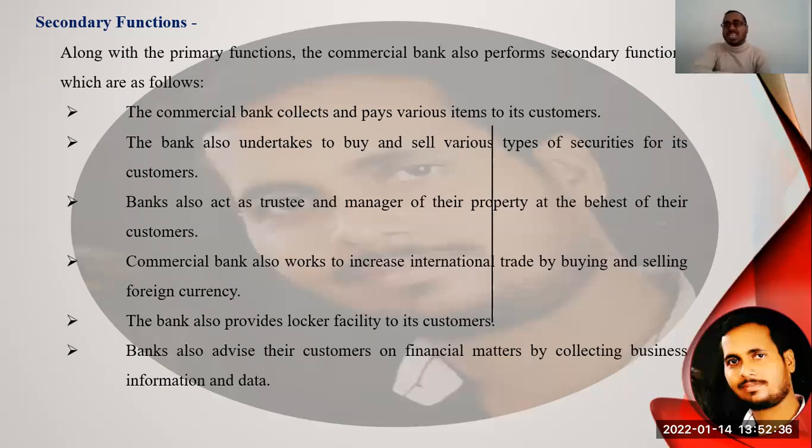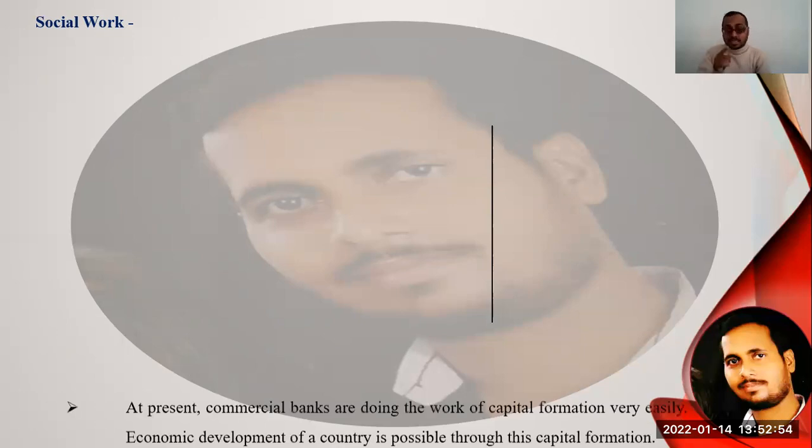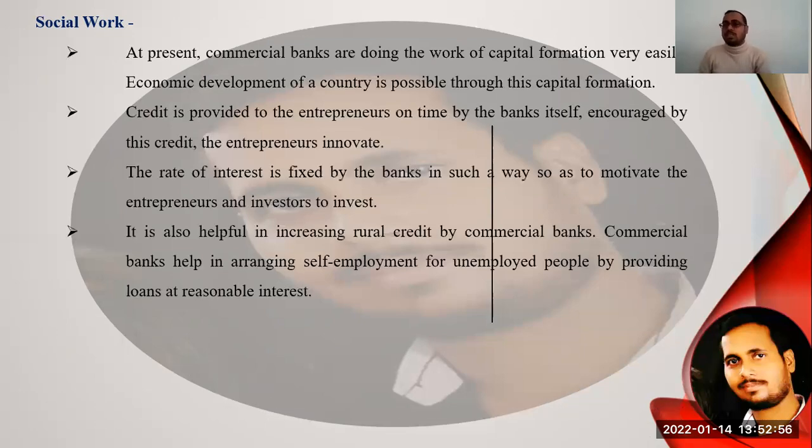Now, besides all these primary and secondary functions, the bank also provides a specific kind of function called social functions, or social work. Being a social institution, the bank also provides facilities for social activities. Here you are watching the roles of banks as a social institution.